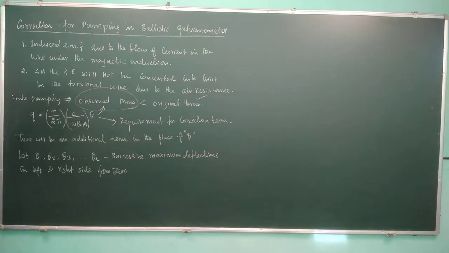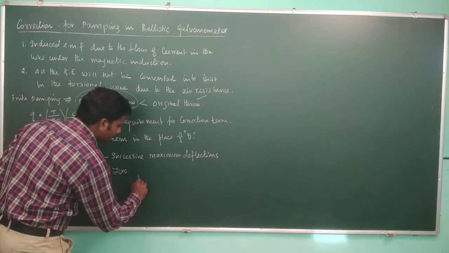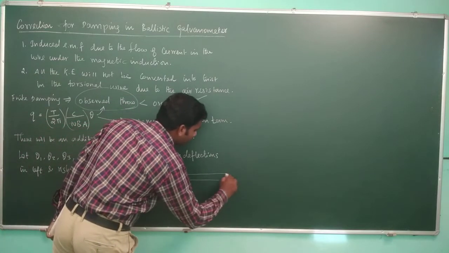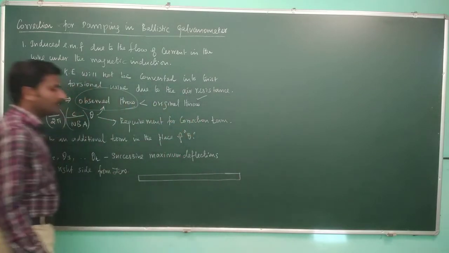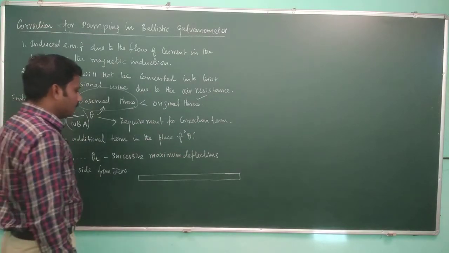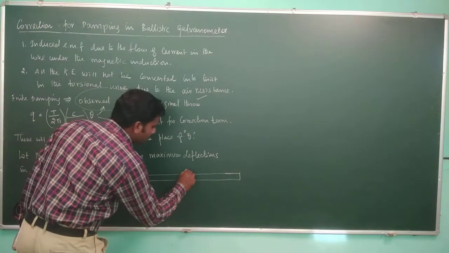Assume like that. That is, in the scale, this is the transparent scale, so that the spot of light will pass through it and be reflected back from the mirror. So assume that this is 0.